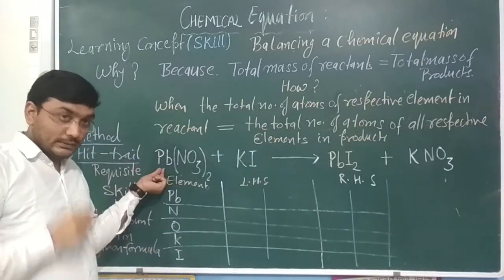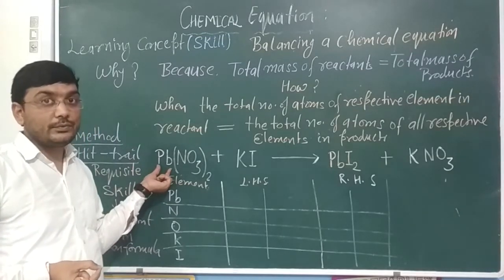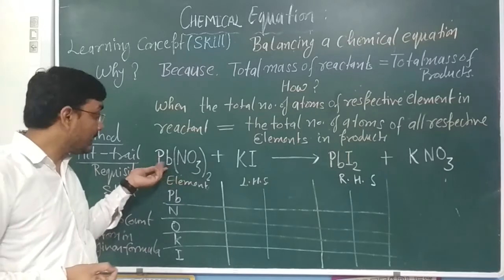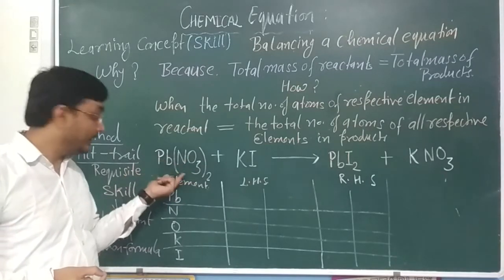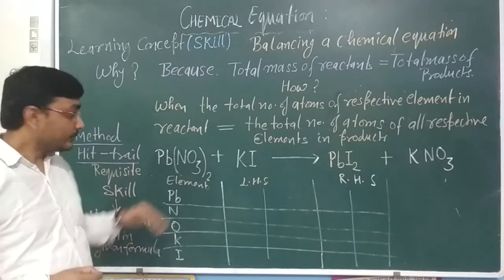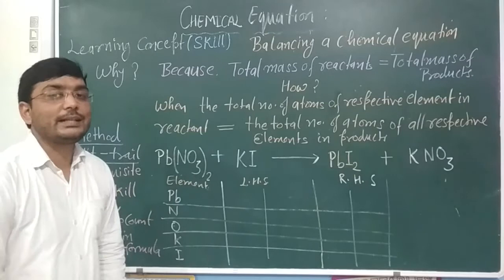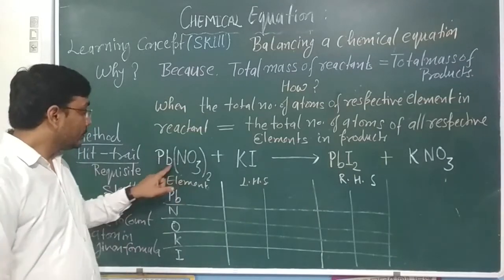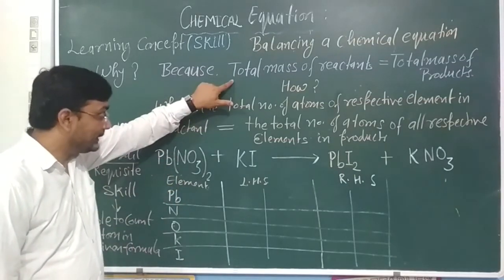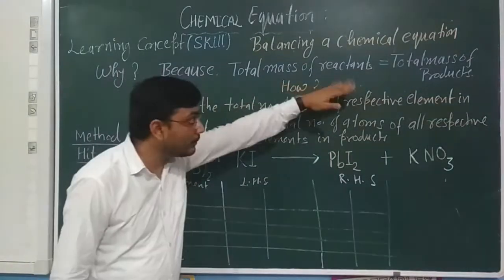And you know very well atoms are responsible for the mass, meaning the mass of atoms present in any given chemical formula will be the mass of that particular compound or reacting substance. So the connection is here: total mass of reactants is equal to total mass of products.